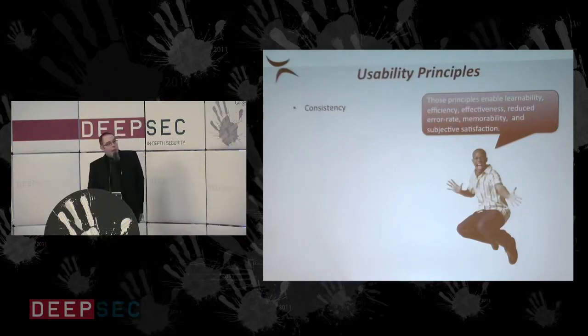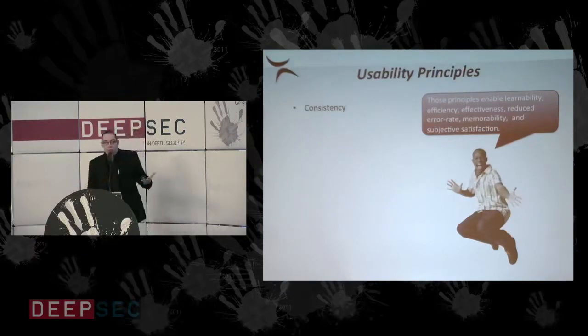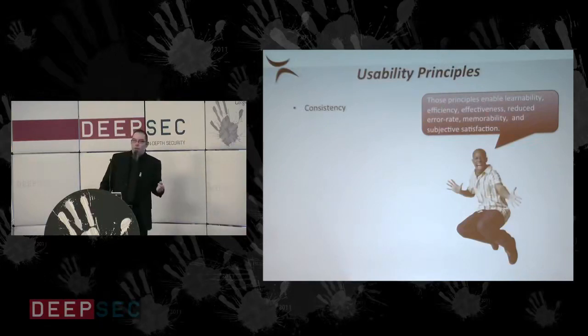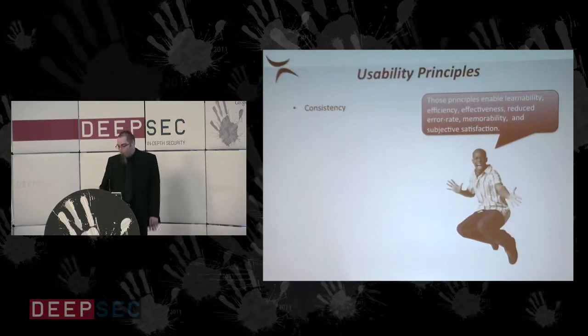In the IT security domain, one positive example for this consistency is, as far as I have seen, that the lock for secure connections is consistently used over different applications. It's not the bad way where one application uses a lock to symbolize a secure connection, another application uses maybe a chain for a secure connection, and so on. This would introduce inconsistency, hence lower usability. And we want to boost usability.